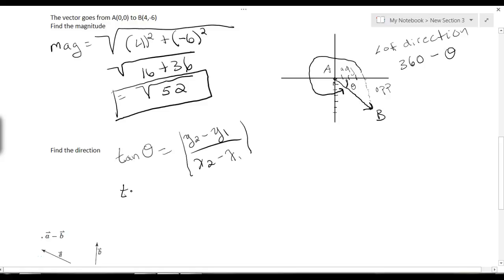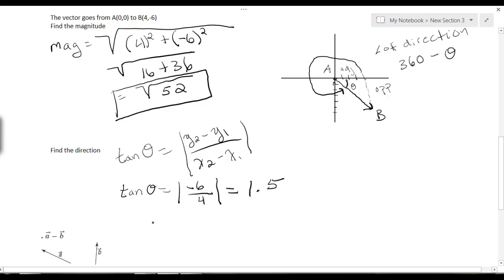So tangent of theta equals, I already found my change in y, that was -6. My change in x was 4. So that ends up equaling, my negative drops out when I take the absolute value. I'm just going to turn that into a decimal because I already know that 6/4 is 1.5.